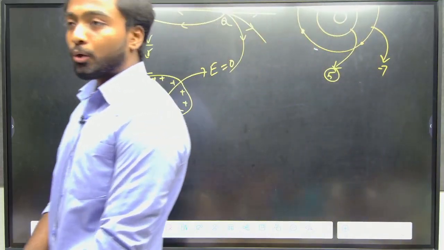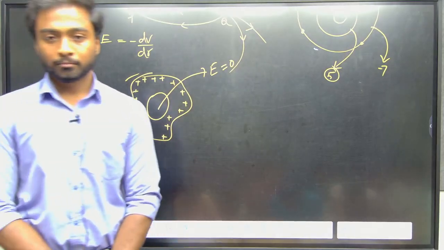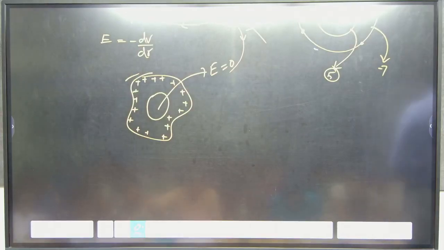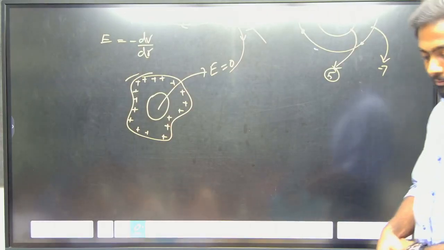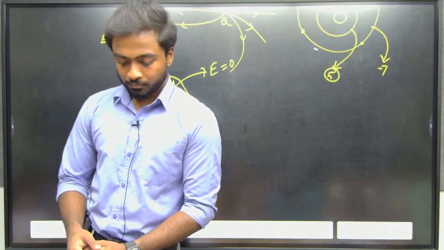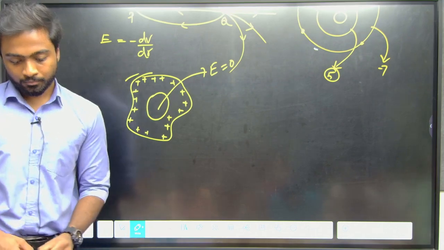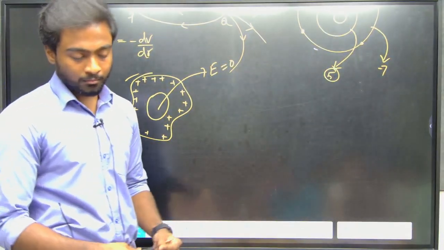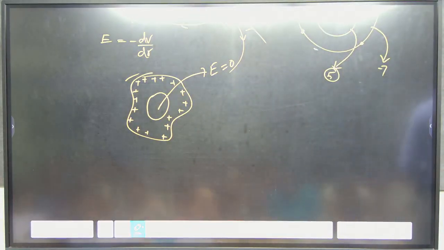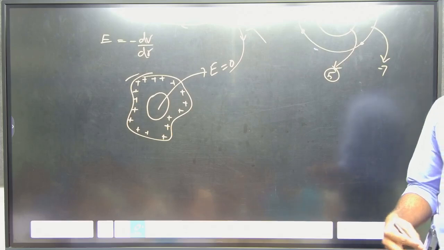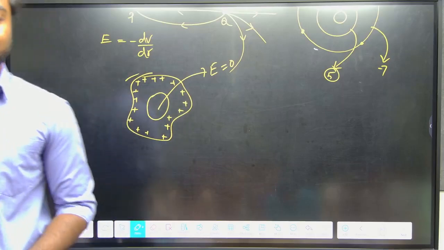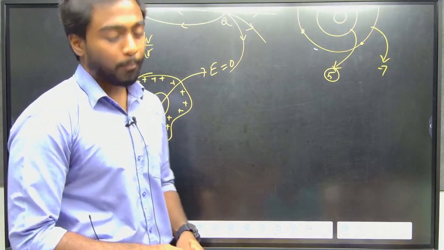Next, field line starts from high potential to low potential.